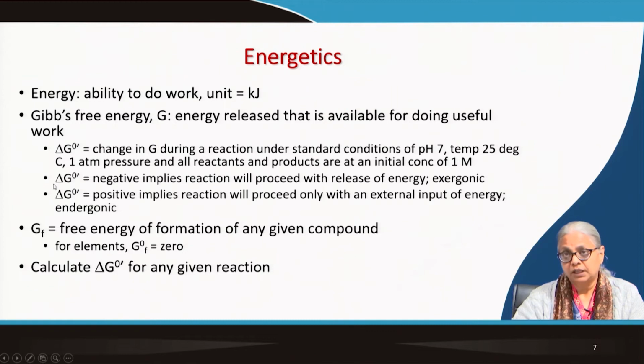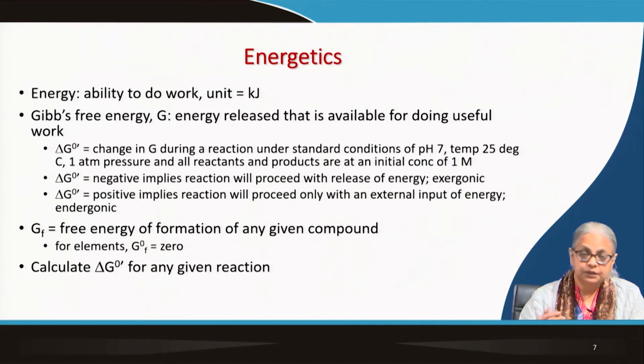If the value of delta G0' is negative, it means that the reaction will proceed with release of energy. So we call it an exergonic reaction. If the value is positive, it means an external input of energy will be required and the reaction is endergonic.